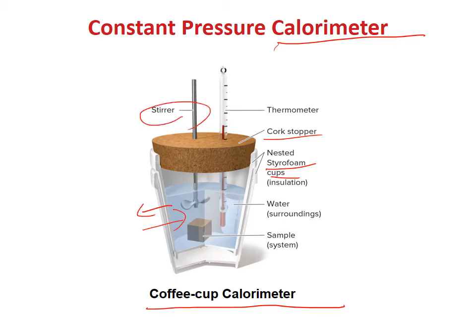A stirrer is used to make sure the temperature of the water bath is uniform, and a thermometer to measure the temperature. This simple apparatus can be used to find the heat of an aqueous reaction, the heat that accompanies the dissolving of a salt, or even the specific heat capacity of a solid that does not react or dissolve in water.